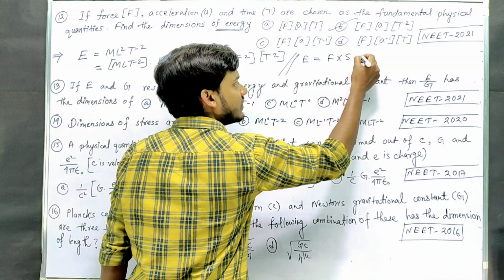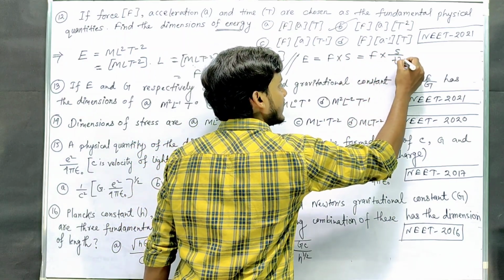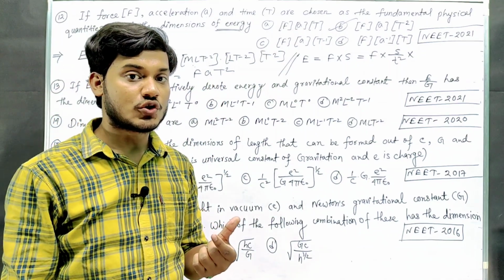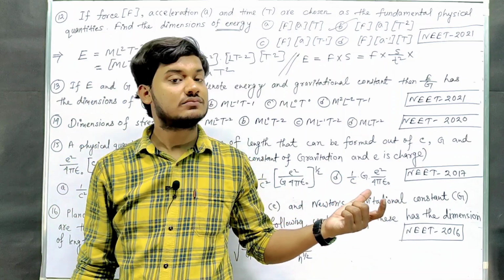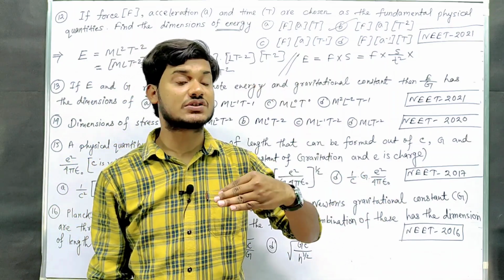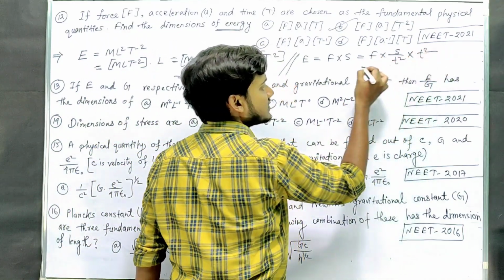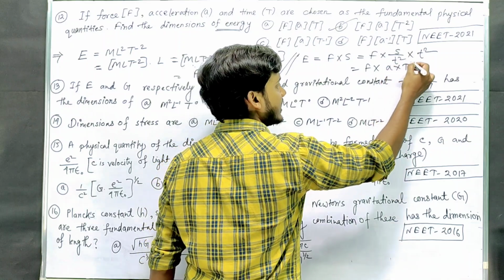Okay, now force into displacement by time square, this is acceleration. Yes or no? Acceleration unit is meter per second square. So displacement by time square. So T square is extra, so we can write T square. So F, this is acceleration, this is time T.